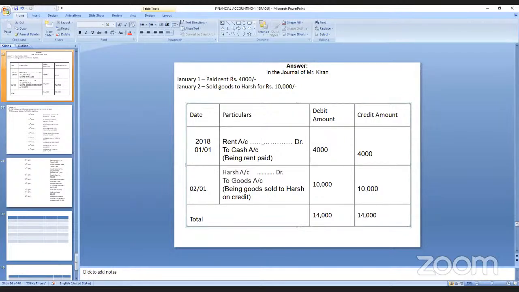Here, goods were sold to Harsh for rupees 10,000. If it were paid in cash, it would be Cash account Dr. To Sales account. But here Harsh bought the goods on credit. So the person to whom the goods are sold has to be mentioned: Harsh account Dr. To Goods account.